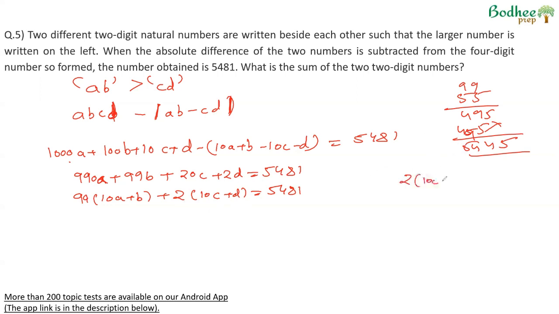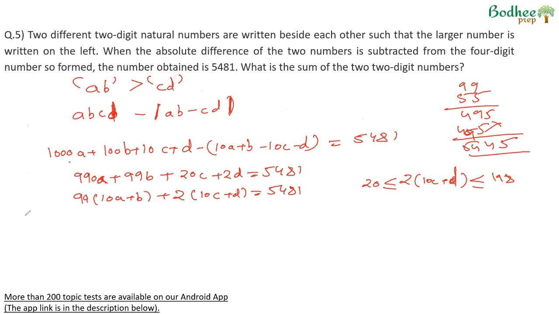Now, 2 into (10C plus D). 10C plus D is a two-digit number, so it has to lie between 10 and 99. The maximum value 10C plus D can take is 99, so 2 into 99 is 198, and the minimum value it can take is 10, so this will be at least 20 and at most 198.